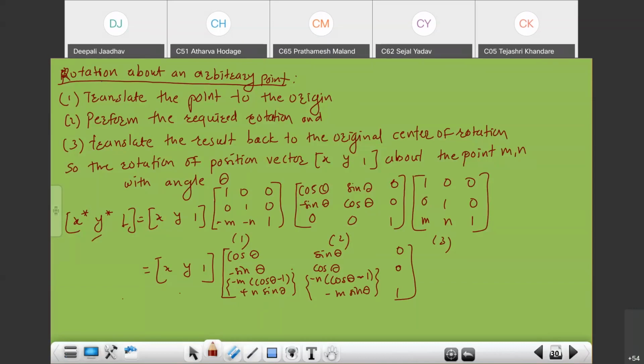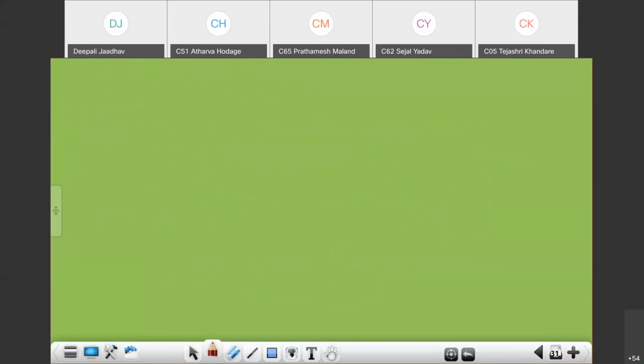Now see the example for this. Suppose that the center of an object is at 4, 3, meaning M is equal to 4 and N is equal to 3.